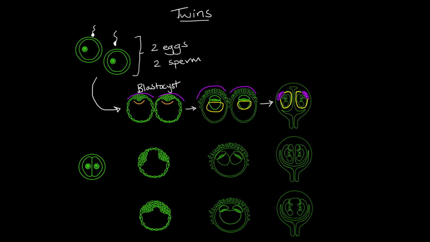There's a naming convention based on whether the twins have their own placenta or their own amniotic sac to themselves. In this case, each baby has its own placenta and its own amniotic sac.